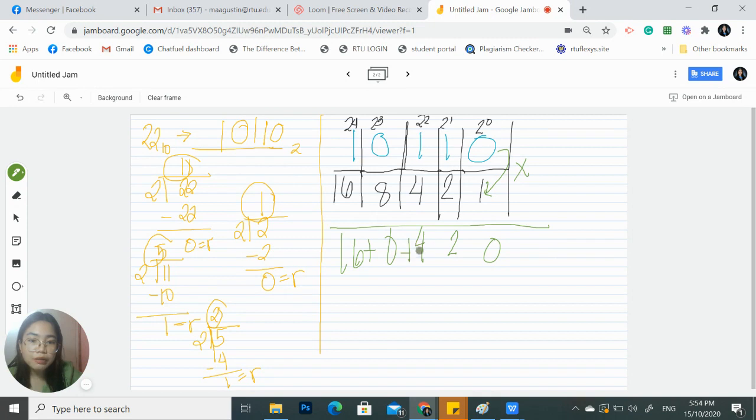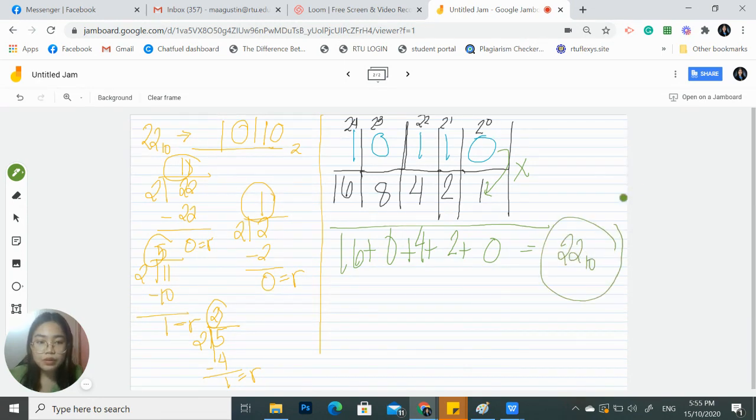So let's add the following numbers. What will be the answer? 16 plus 4, definitely that's 20, plus 2 is 22.